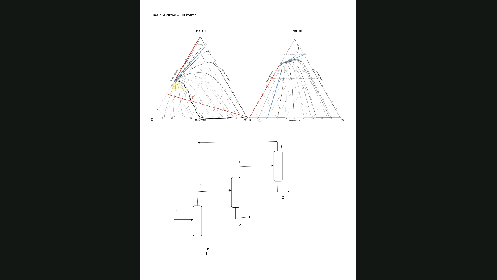That curve has got a slight curve, and I'm expecting you to pick up those sort of nuances. If you go to the right here, you can see that there's a slight curve to the right, and that tends to let you think that the residue curves are moving in this direction towards the water.